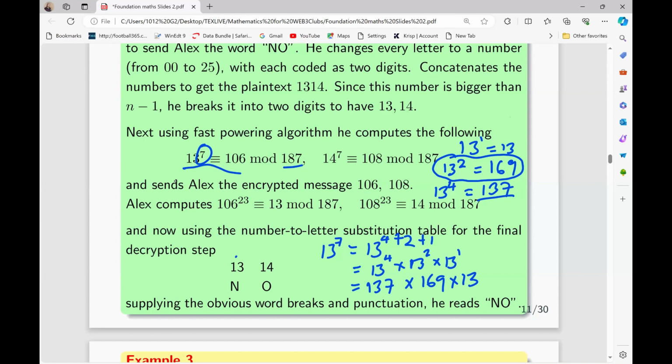It goes there 1,609. Now, when you get the remainder, it is 106. The remainder is 106. That's what we got there.